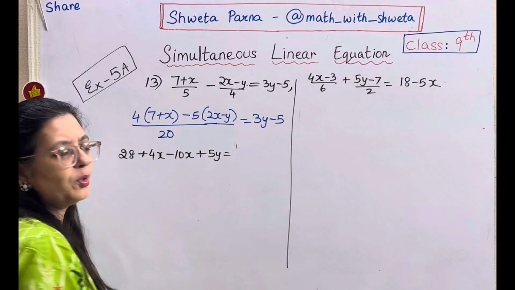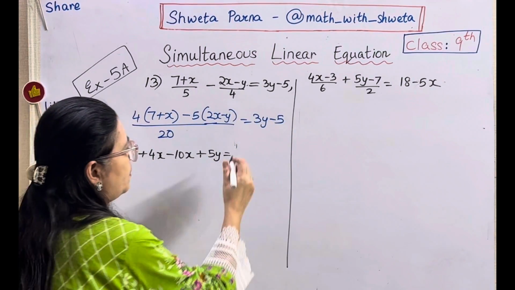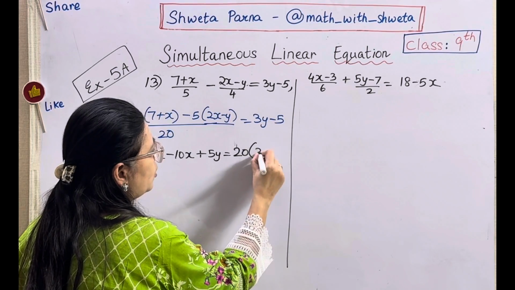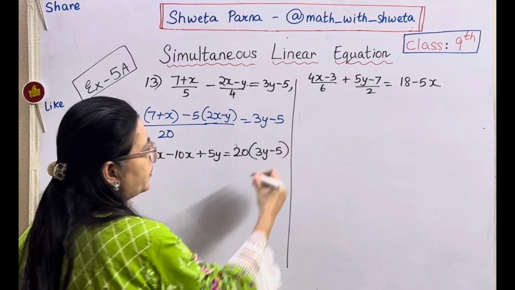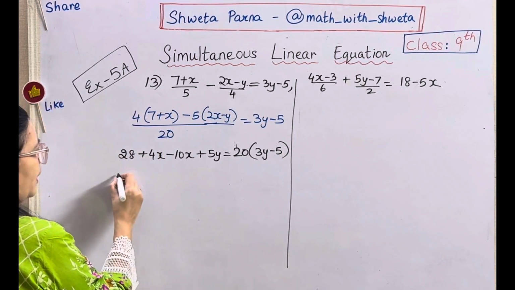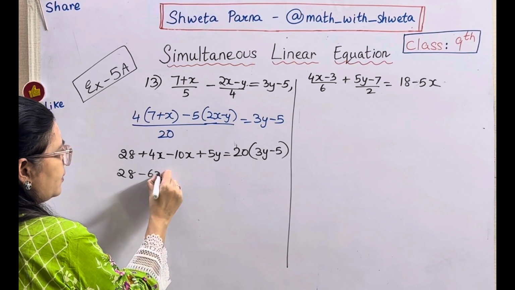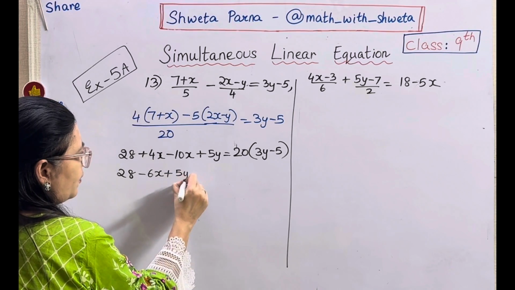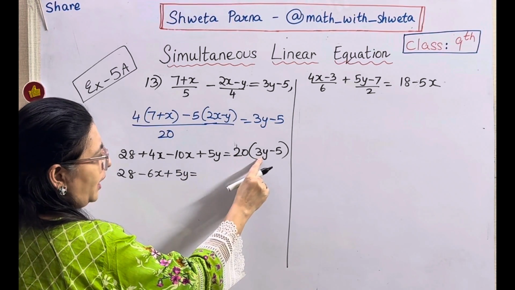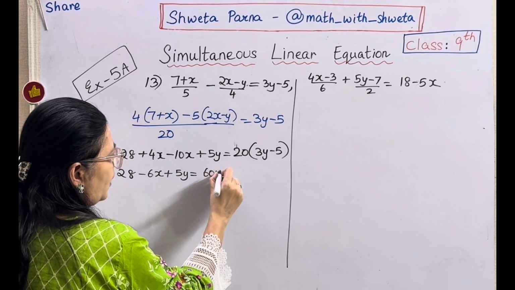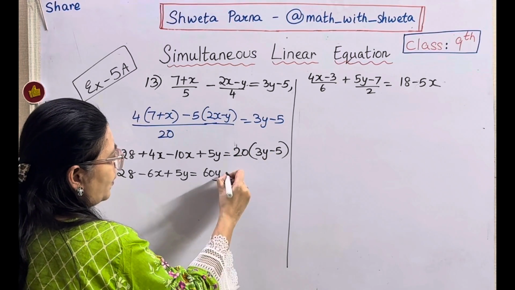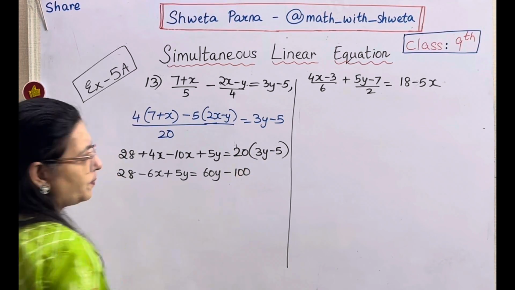When you transpose it to the other side, it will become multiplication. So 20 into (3y minus 5). This will become 28, 4x minus 10x is minus 6x, plus 5y is equal to 20 into 3y is 60y, 20 into minus 5 is minus 100.